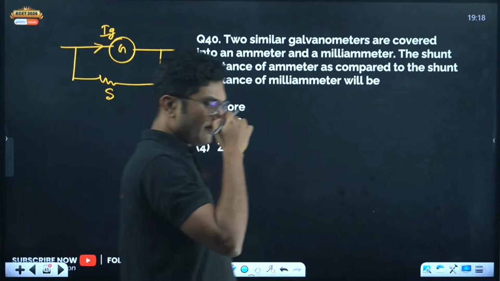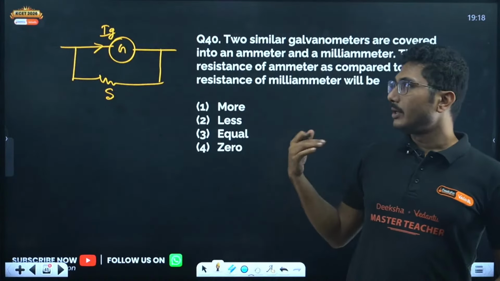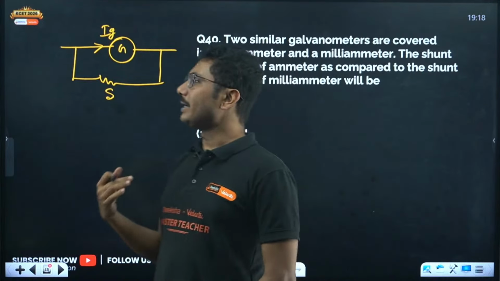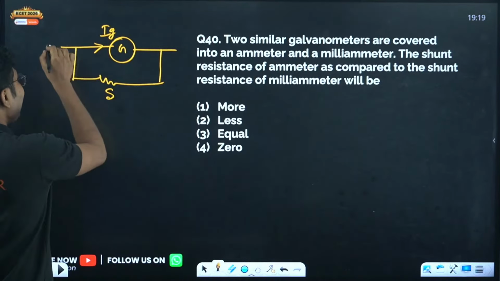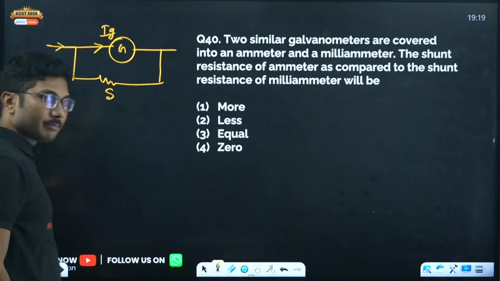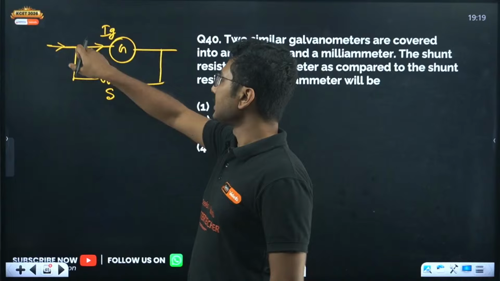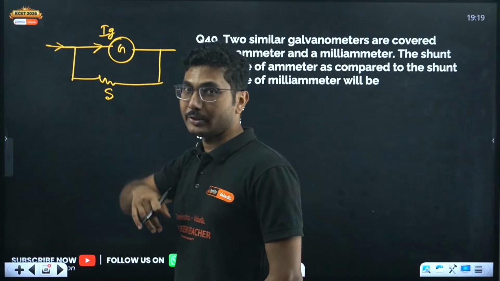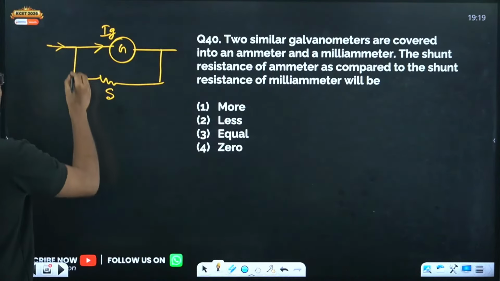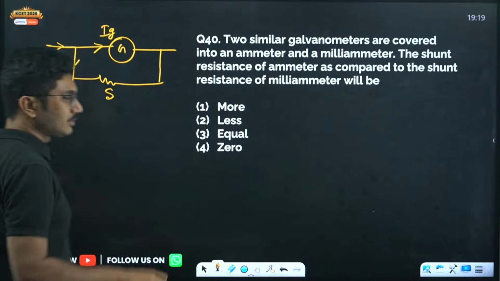If it is a milliammeter, the current passed in the circuit will be of the order of milliamperes. Out of that, some portion of the current will be allowed through the galvanometer and the remaining current will pass through the shunt.